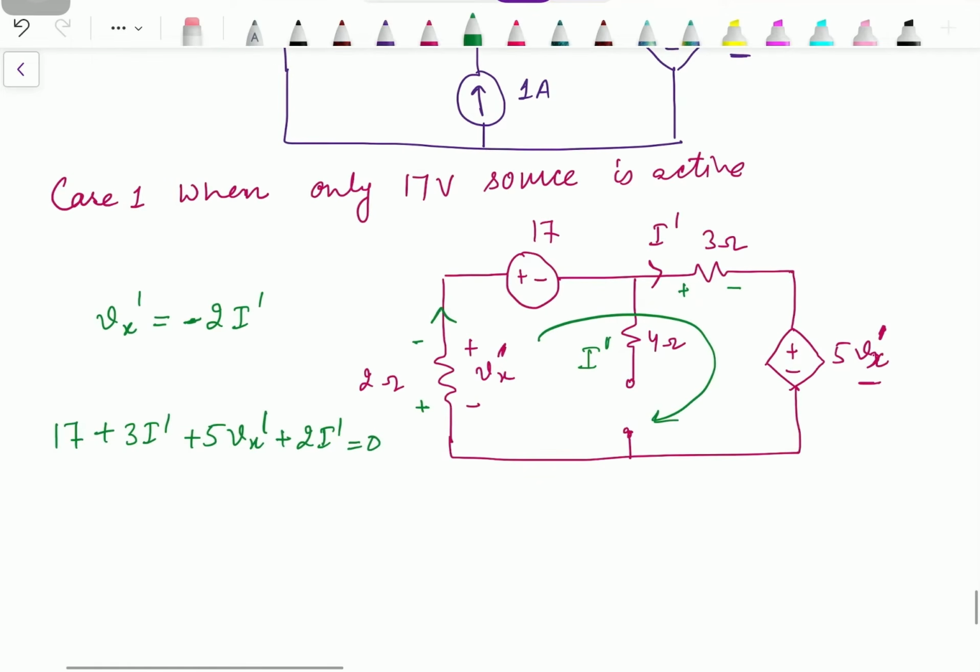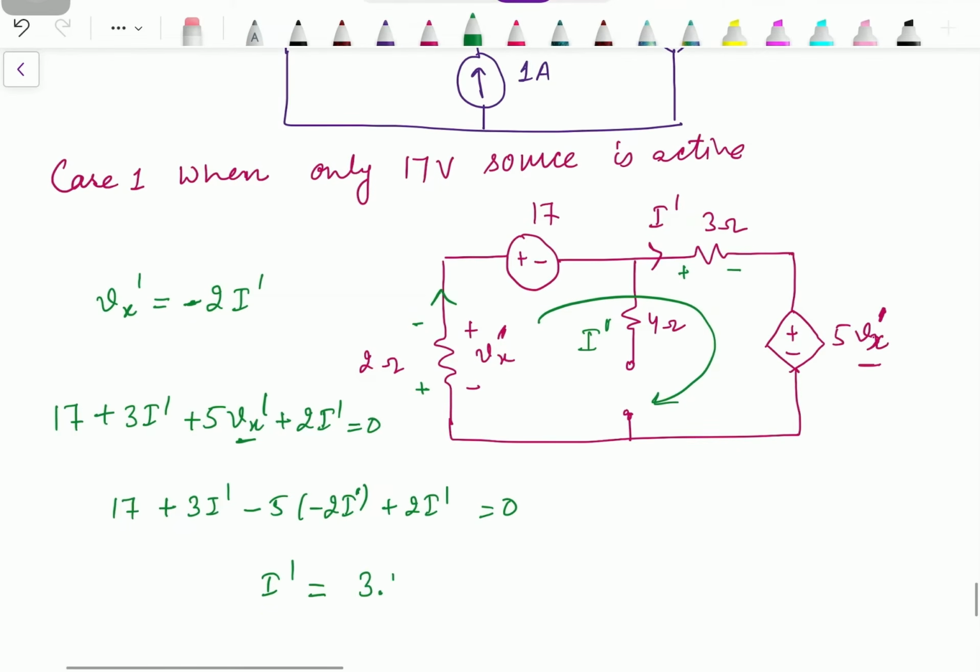Now we need to substitute the value of Vx dash over here. 17 plus 3I dash, then 5 into minus 2I dash, plus 2I dash equal to 0. When we solve this, I dash is 3.4 ampere. So if we say this is terminal A and this one is B, then it is flowing from A to B.